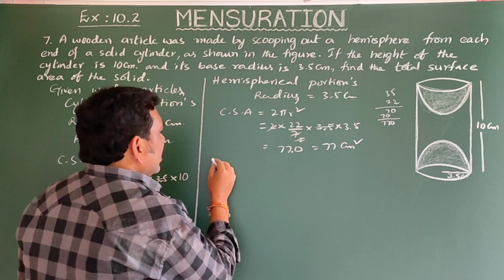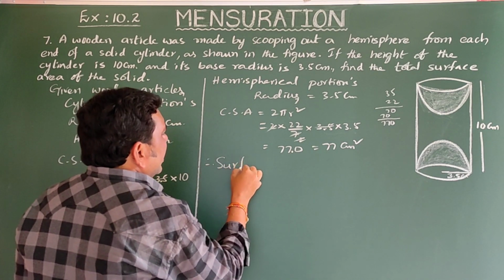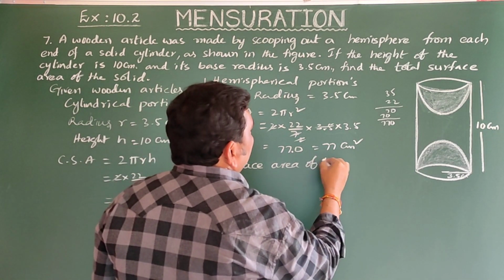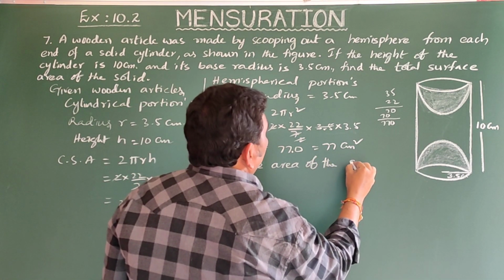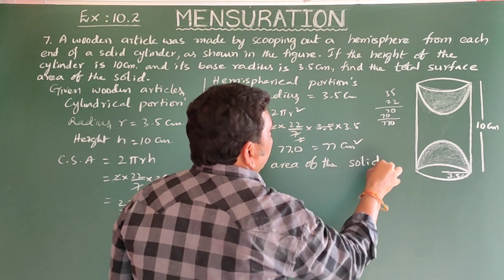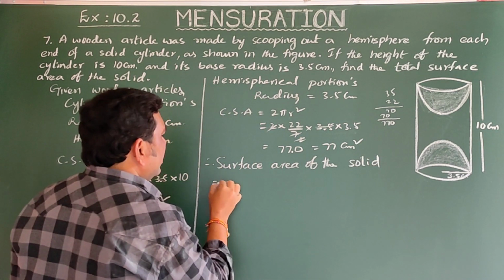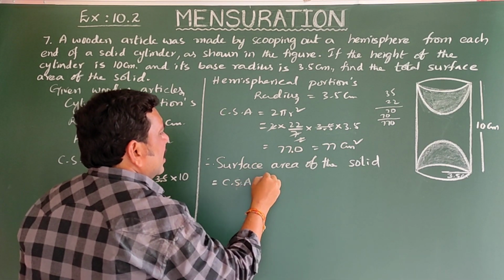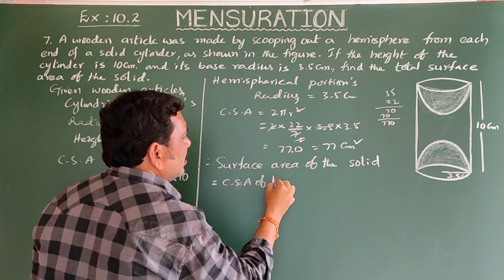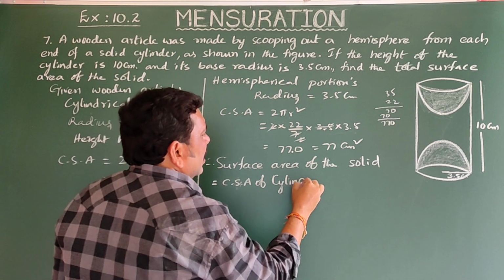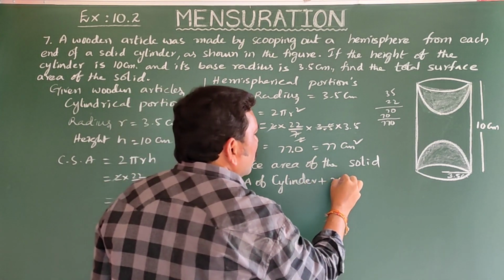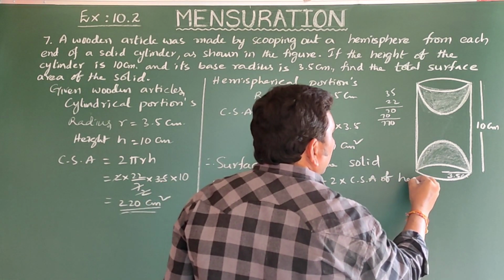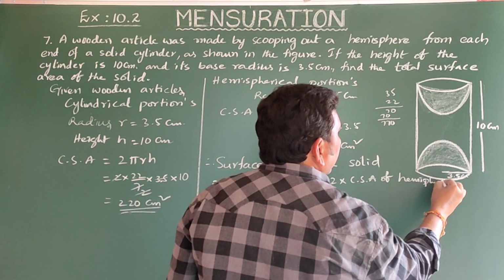Now, therefore, surface area of the solid is equal to CSA of cylinder plus 2 into CSA of hemisphere.